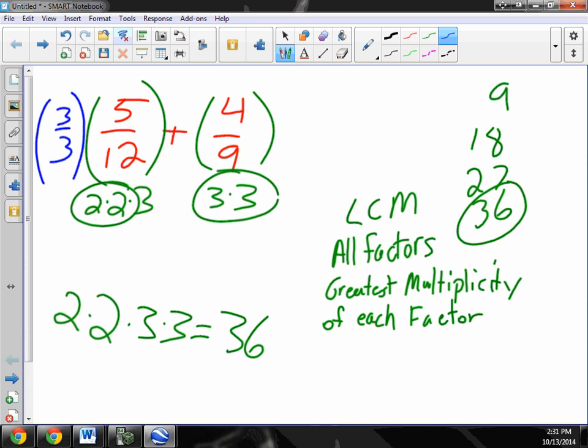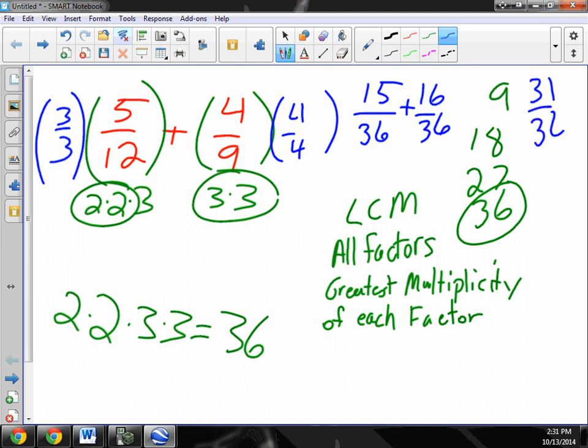Okay, what is this denominator missing? It's missing a 2, which would be 4, and I get 15/36 plus 16/36, which gives me 31 over 36.